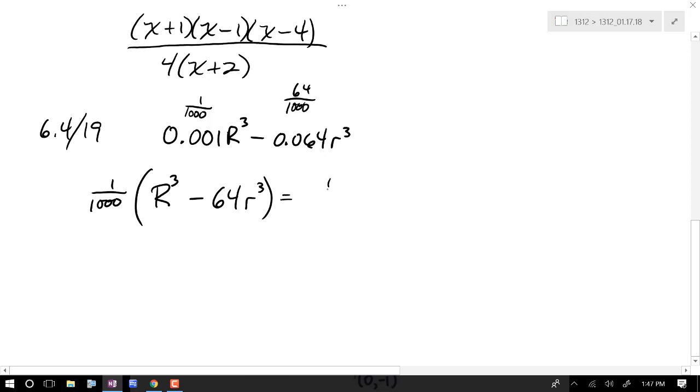So difference of cubes is the one where we have a little factor and then a big factor. 64 r cubed is the cube of, what's the cube root of 64? 4. Okay. So what's our little factor going to be? Big R minus 4 little r. Yep.